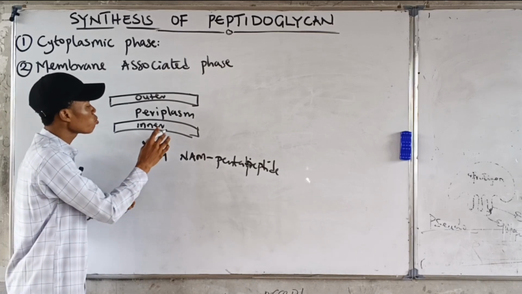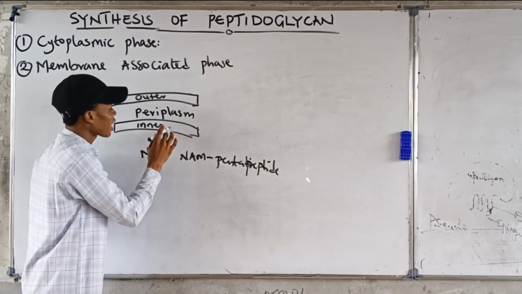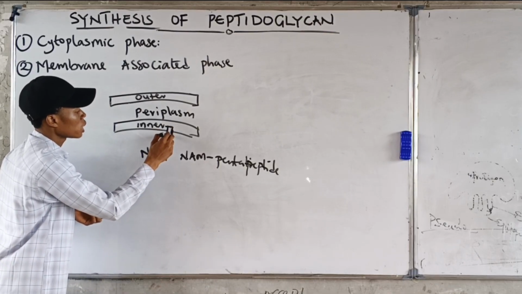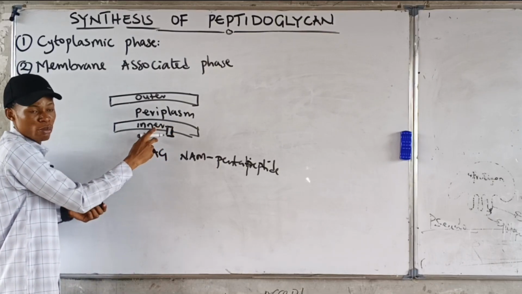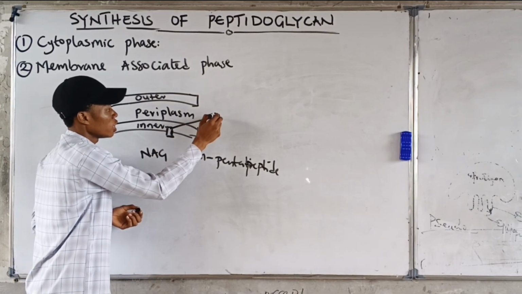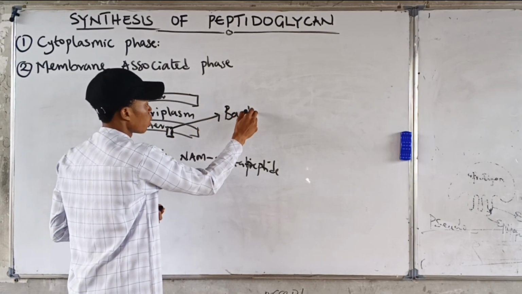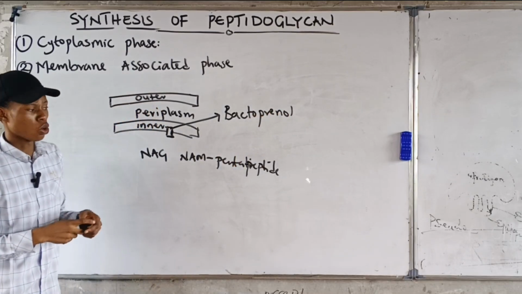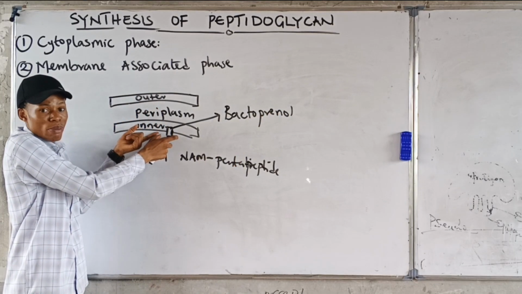But now there is something here. There is a carrier attached to the membrane of this inner membrane, fixed here. And that substance is actually a carrier. It is called bactoprenol. Bactoprenol is attached into this inner membrane here.